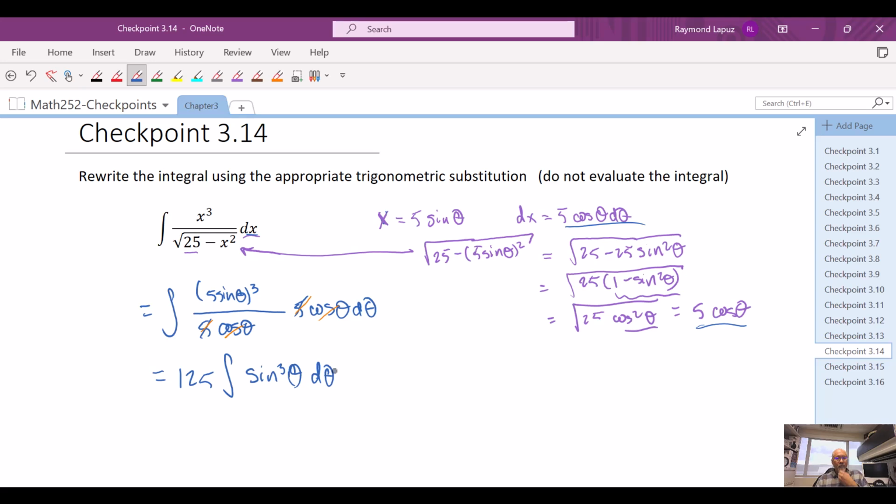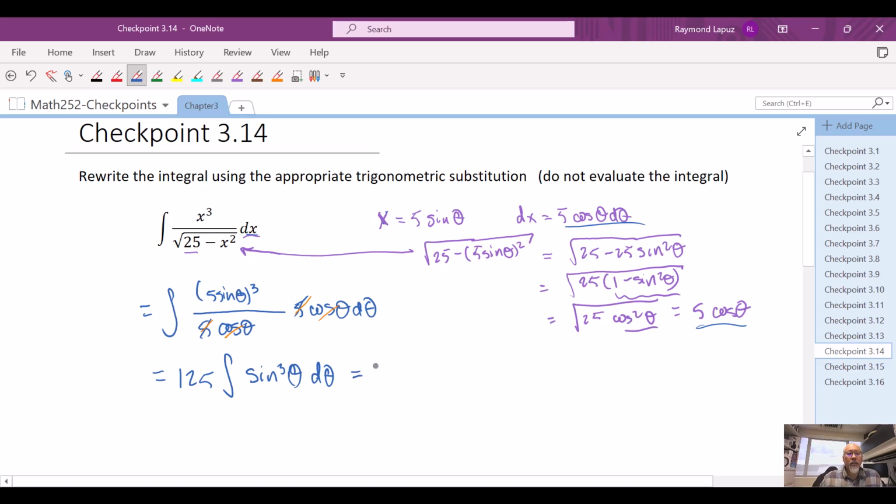All right, now we think back to the last section where we talked about trigonometric integrals. If you have a sine, cosine, or a combination of sines and cosines raised to powers with the same angles, then we can try to use one of those algorithms. Here we have a sine to the third power.